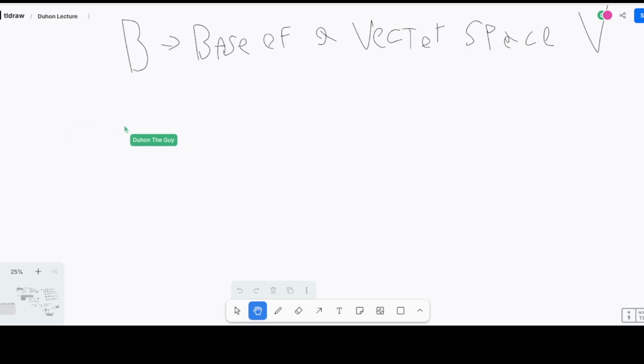We're going to have then that B' is going to be B times P. P is a base change matrix, which basically means that if we multiply these two matrices, we get a new base.